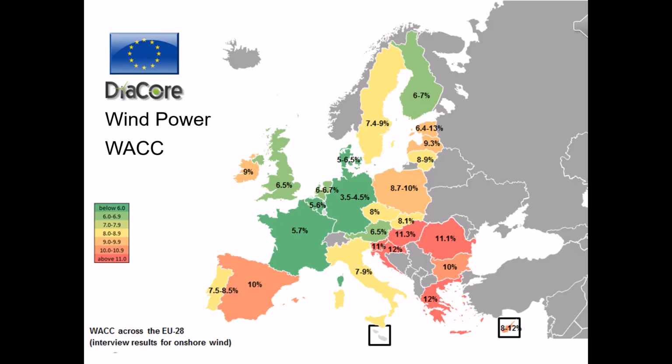Here you can see there are some countries that are able to finance their wind power at rates of 5.7%. There are also some countries that are paying 11, 12%, even up to 13% for their weighted average cost of capital to cover wind power. It all relates to the balance between debt and equity, which is basically related to risk.